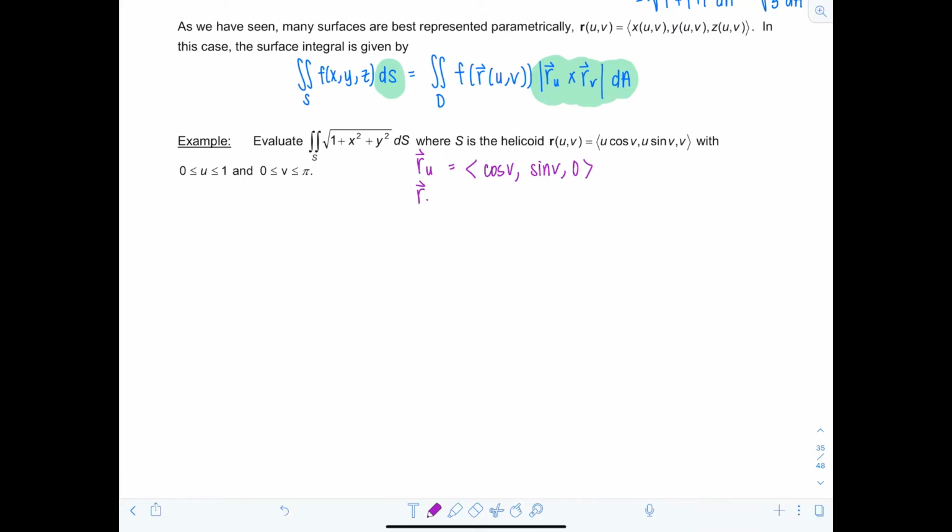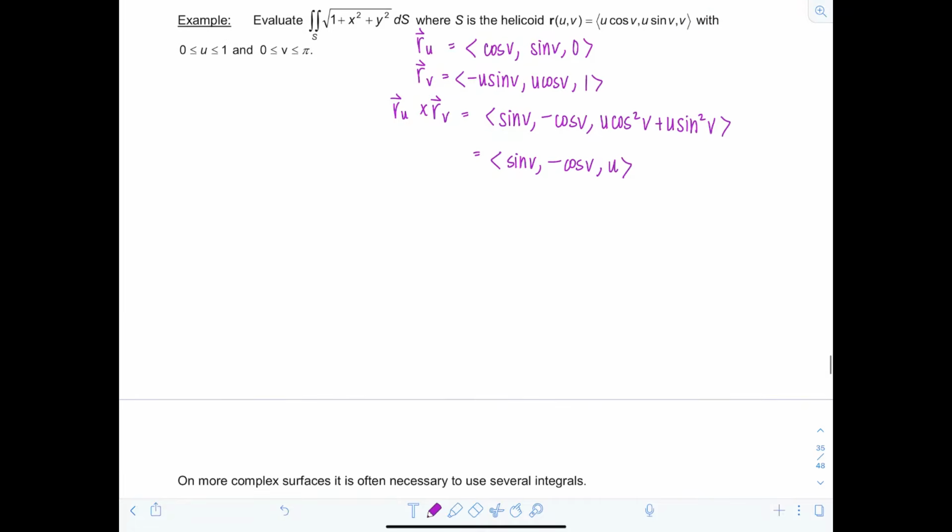And then the partial with respect to v will have components negative u sine v, u cosine v, and 1. And then the partial with respect to u crossed with the partial with respect to v. Let's see here. First component's going to be sine v. Second component's going to be negative cosine v. And the last one is u cosine squared v plus u sine squared v. And then this will simplify into sine v, negative cosine v, and u.